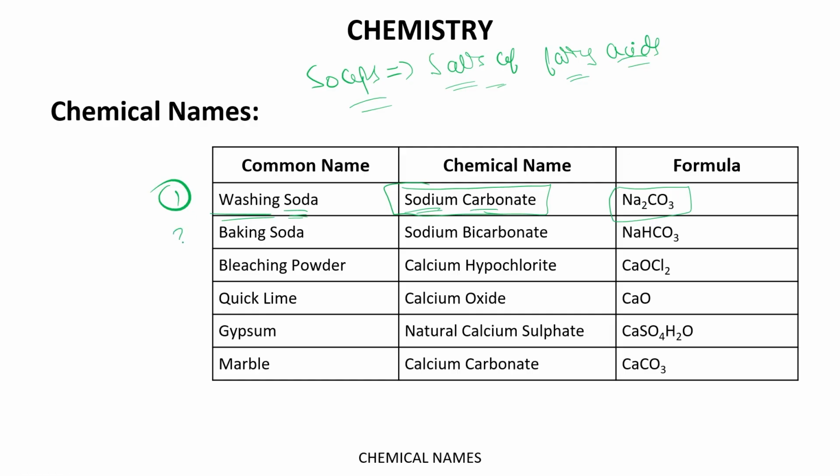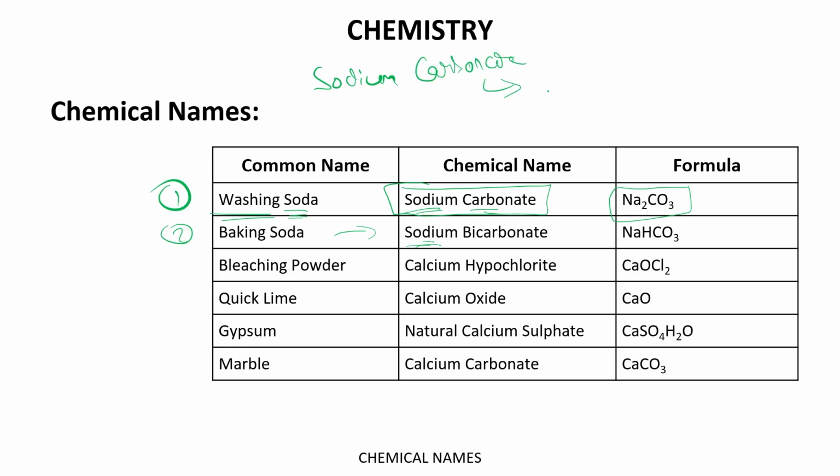Thereafter we have the baking soda. Baking soda has the chemical name sodium bicarbonate. So there is just a very slight difference. If the name given is sodium carbonate, then we are talking about washing soda.